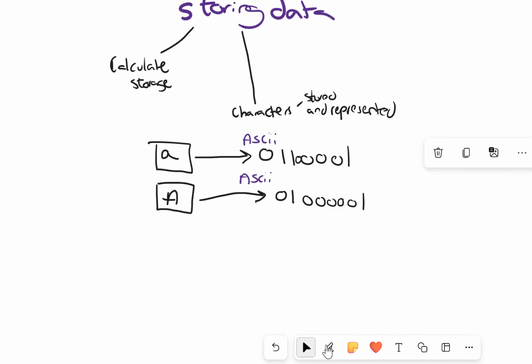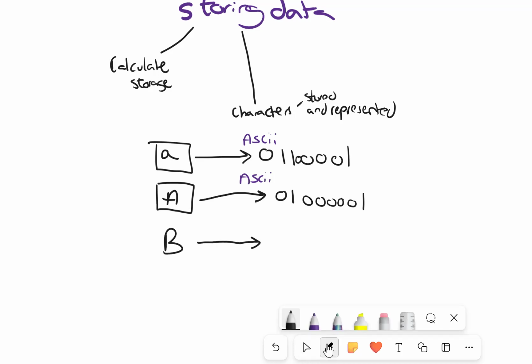So let's imagine that we're now using capital B. See if you can work out yourself what capital B is going to be. Well, its ASCII value is going to be the same as capital A, but this is going to be a 1 and this is going to be a 0. Why? Well, if we put our placeholder values down, this adds up to something in 1.